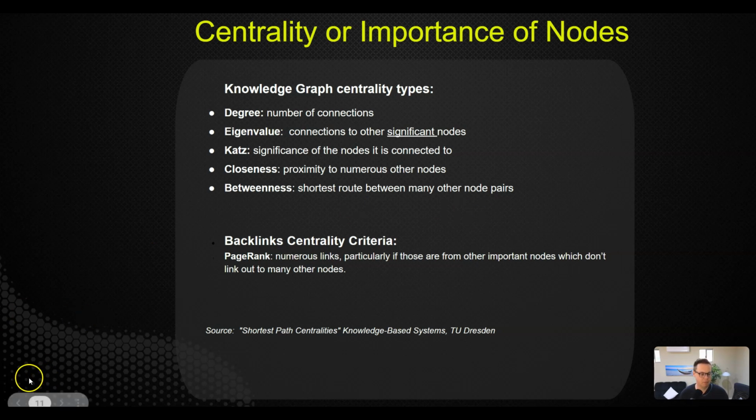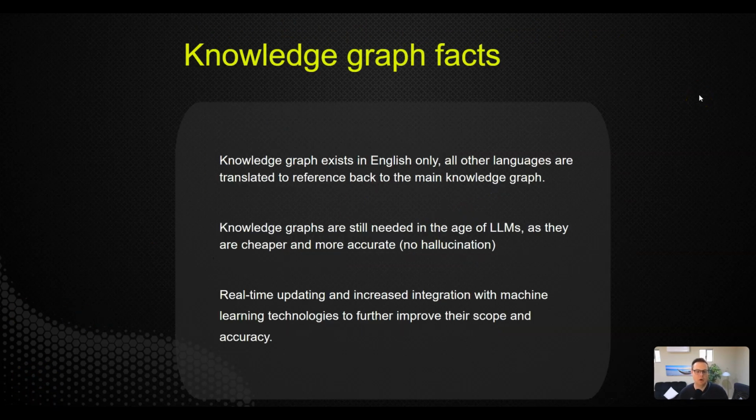All right, let's close off with a few knowledge graph facts. Knowledge graphs exist in English only, and all other languages are translated back to English, which helps with consolidation. It's just too much work to maintain 100 or 50 different knowledge graphs, one per language, because they mainly contain the connections and definitions about certain topics.